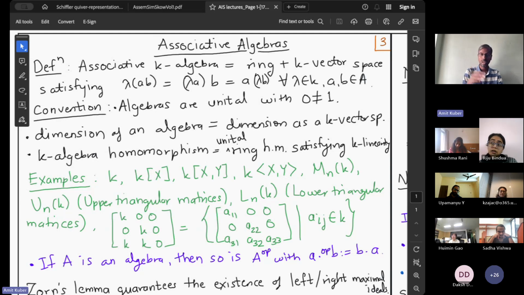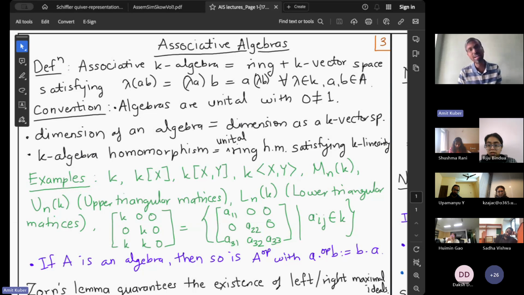If you attended the morning lecture, this is the tensor algebra in two variables, generated by two basis elements x and y. The monomial xyx is different from x squared y over here. So this is also a K-algebra. Then M_n(K), the matrix algebra: you can add and multiply matrices and also scale every entry by a scalar. Therefore, this is an algebra.